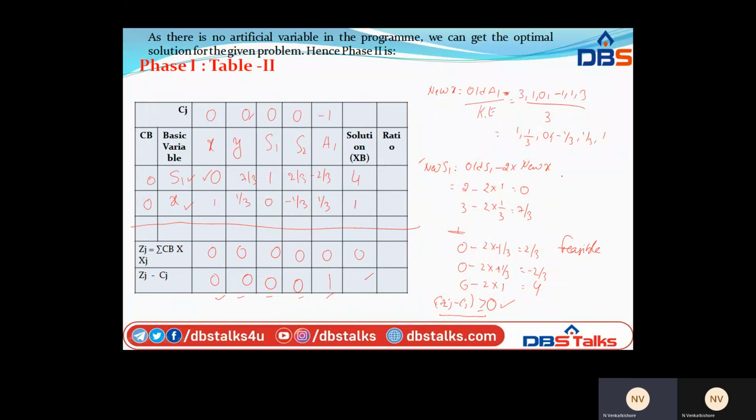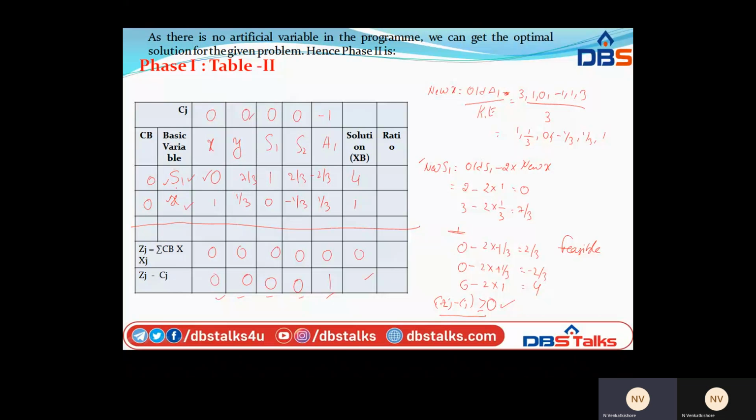The problem will be discontinued. So if it satisfies this condition but there is an artificial variable in the basic variables, here or here, then the given problem will not form a solution. So we can end there only. So here we need to satisfy this condition also.